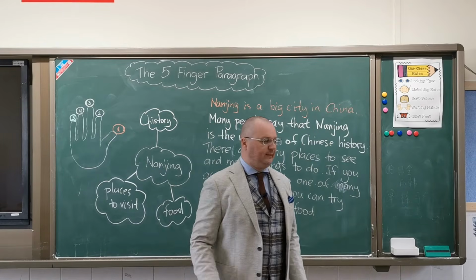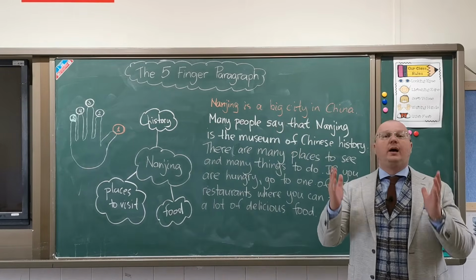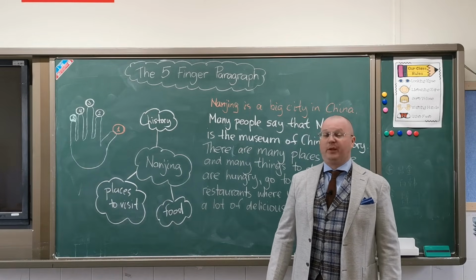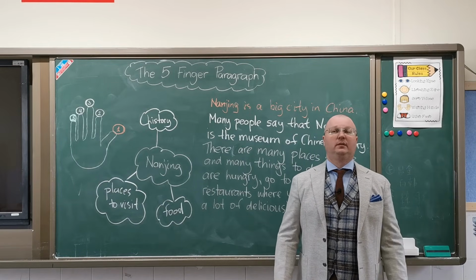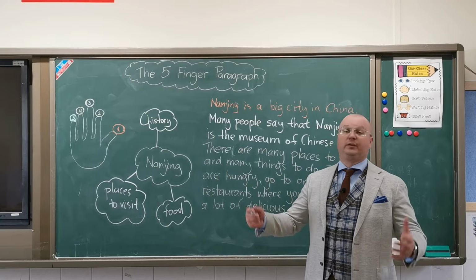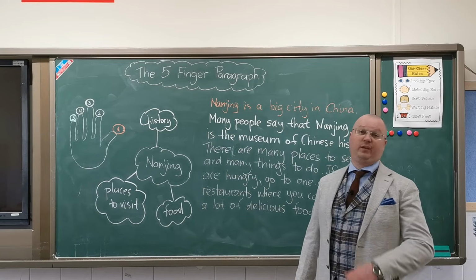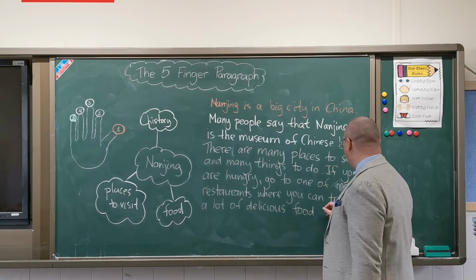So I think we can say something, I love Nanjing because it is a great place to live in, or because it's a great city to live in. I think this is a good sentence.